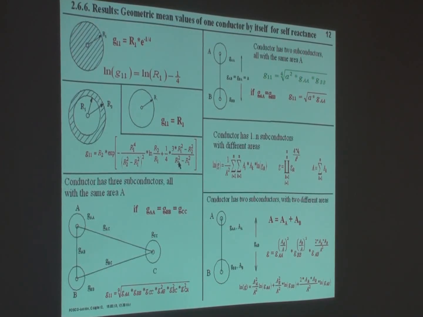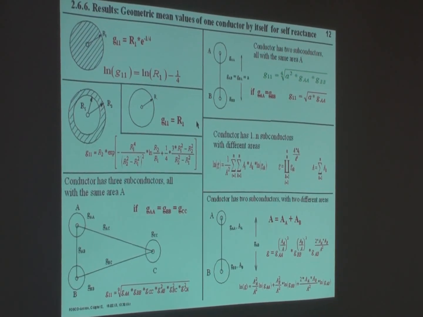It's not easy to explain why it is so and so. You have to put in the values, and then you will get that the geometric mean radius is almost between this radius. Okay. So the next one.